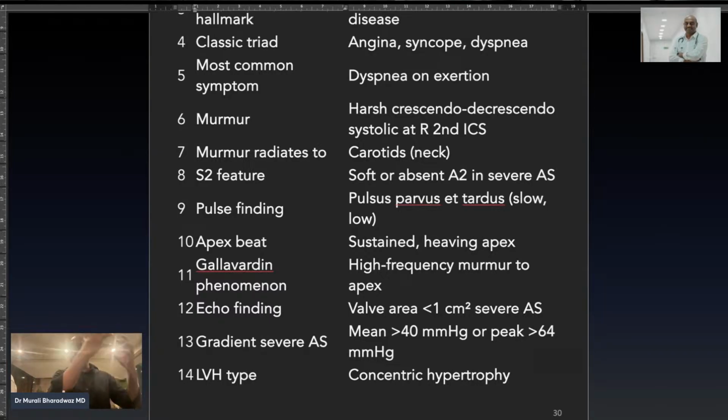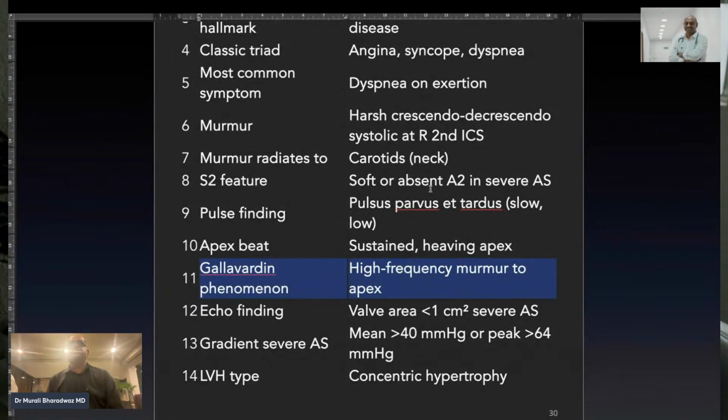They become conducted back onto the mitral valve, and that leads to the high frequency component of the turbulence traveling towards the apex from the left ventricle. That leads to a high frequency, turbulent, musical murmur mimicking an MR systolic murmur. That's called Gallavardin phenomenon.